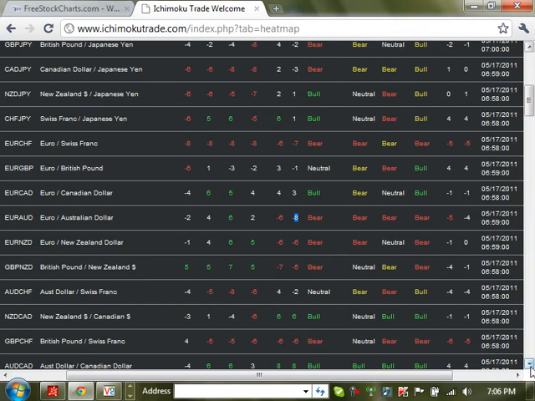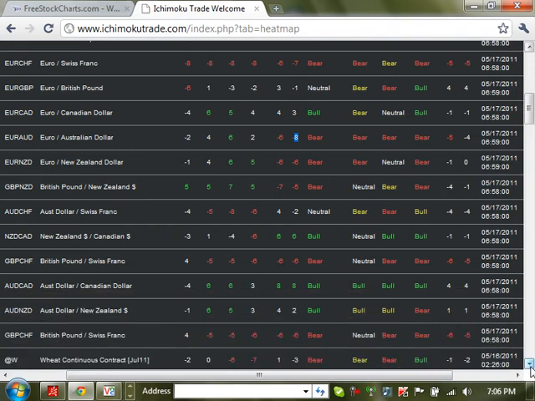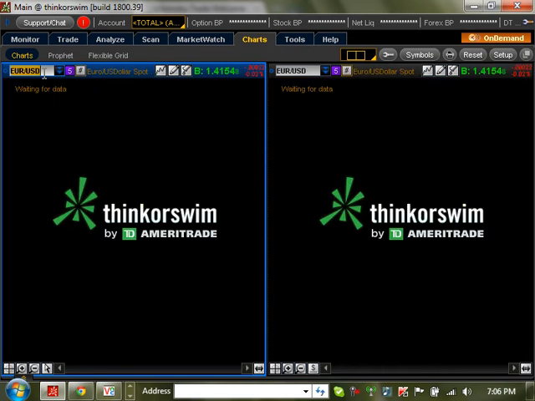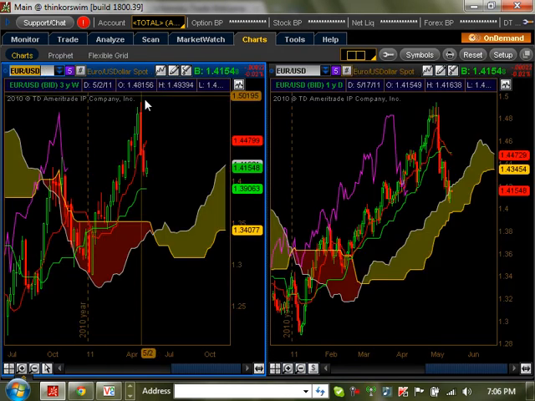Neither has British Pound SWITSI. Australian CAD hasn't changed. Pound SWITSI. So definitely all the SWITSI pairs, and then Euro New Zealand and Pound New Zealand are the ones we'll look at. But before we do that, let's look at the major pairs and cycle through them and see exactly where we're at.